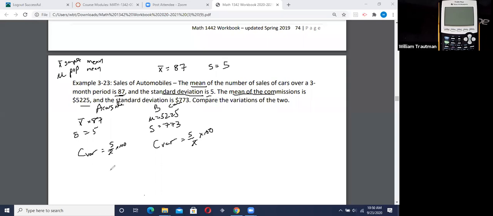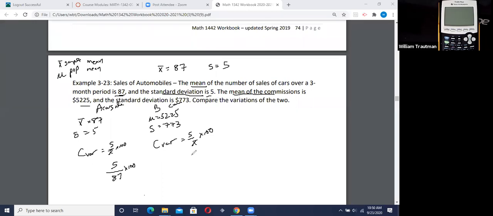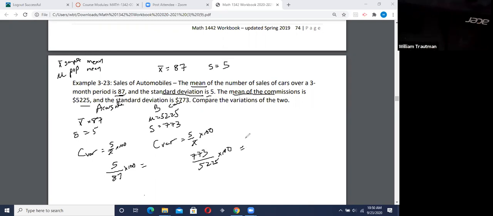So the S over here was 5. X bar was 87. The S on this side was 773 standard, and the average was 5225 times 100. When we put both of these in our calculator, 5 divided by 87 times 100, I get 5.74.